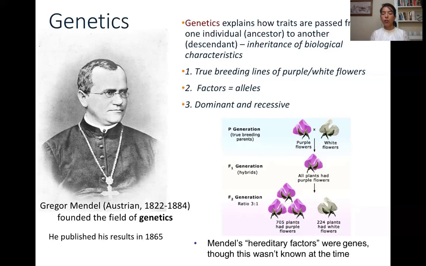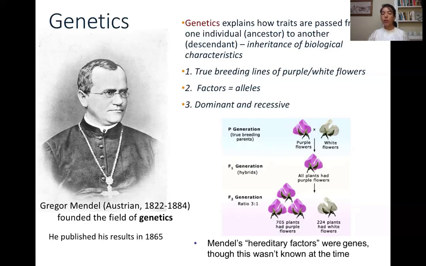Okay, so that result suggested dominance of a trait. In this case, the dominant trait was the purple flower. The purple color was dominant, and the white flower was recessive.